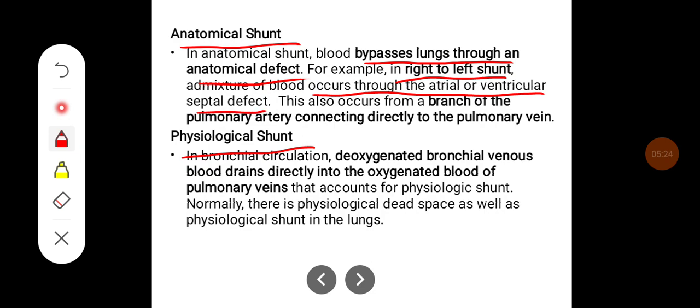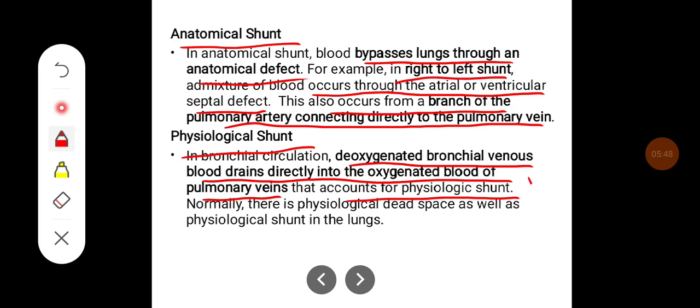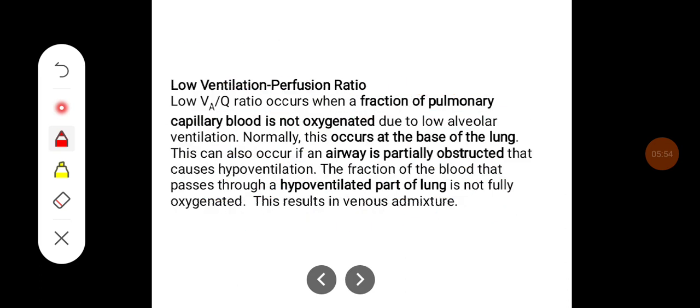This also occurs from a branch of the pulmonary artery connecting directly to the pulmonary vein. Whereas physiological shunt is in bronchial circulation, where the deoxygenated bronchial venous blood drains directly into the oxygenated blood of pulmonary veins. So that accounts for physiological shunt. Normally, there is a physiological dead space as well as physiological shunt in the lungs.